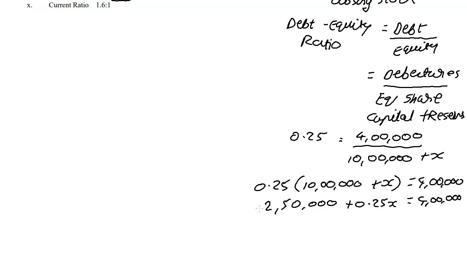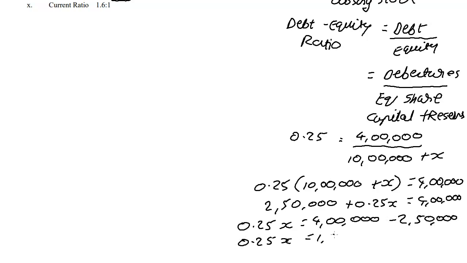Now 2,50,000 on this side is addition, goes that side becomes subtraction. So we have 0.25x is equal to 4 lakhs minus 2,50,000, and therefore we can say that 0.25x is equal to 1,50,000. And now 0.25 is multiplication on the left hand side, it goes on to the right hand side as division.